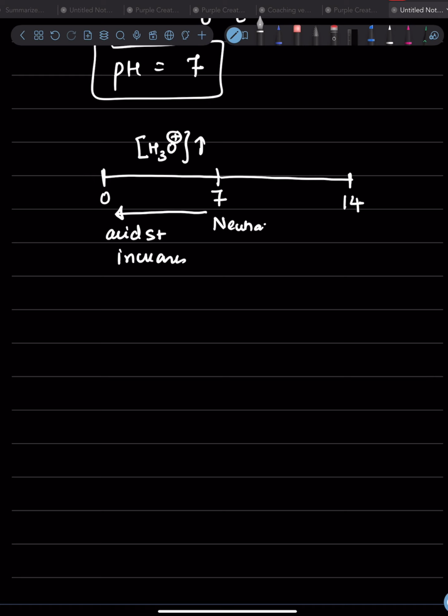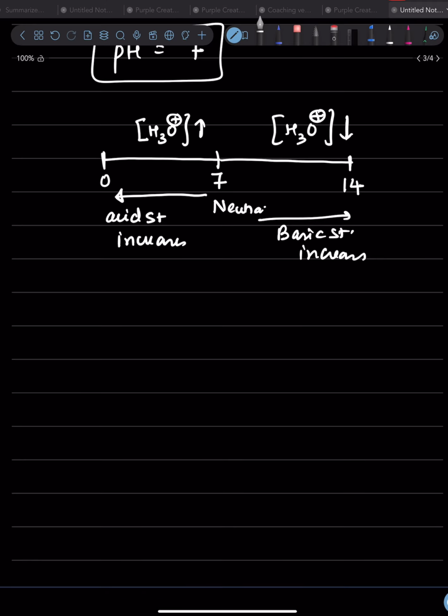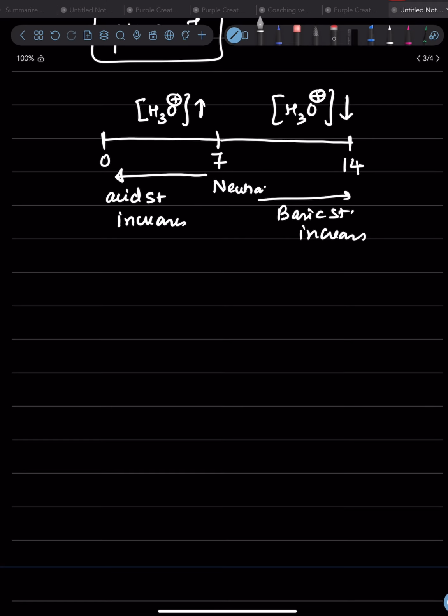From 7 towards 14, basic strength increases, or the concentration of hydronium ion is decreasing while going from here to there. Fine. Now we'll use this knowledge to see how things work in the physiological system.